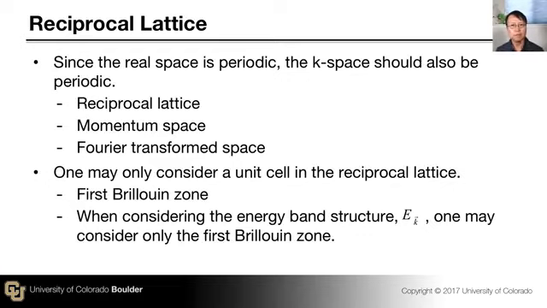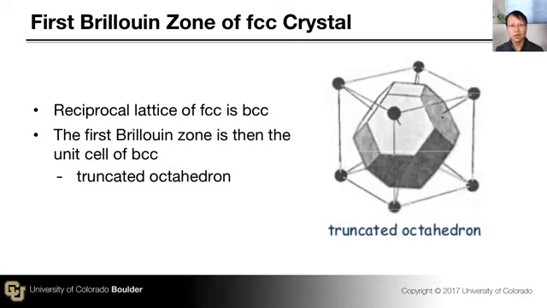So when typically specifying energy as a function of k, we only consider the unit cell, which is the first Brillouin zone. Now, most semiconductors have either diamond crystal structure or zinc blende crystal structure, both of which belong to the face-centered cubic Bravais lattice, or FCC Bravais lattice.